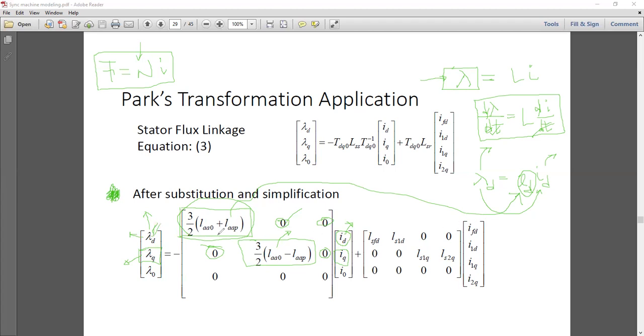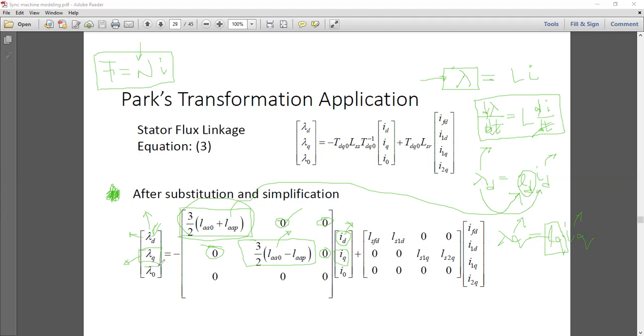So what about this then? Lambda q is again some function of IQ, purely linking the q-axis flux linkage with the q-axis current. So we can simply write it as the q-axis inductance. Ultimately, we have lambda d equals LD ID, lambda q equals LQ IQ.